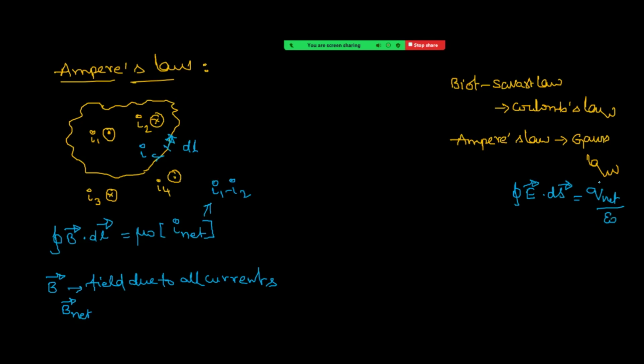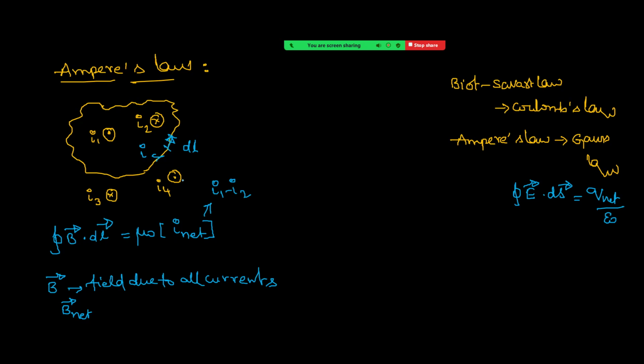The net charge is inside the Gaussian surface, but the field is due to all charges, charges inside the Gaussian surface and charges outside. Exactly the same logic here. B bar is due to all currents inside and outside, but this net current is only the inside currents. Okay.